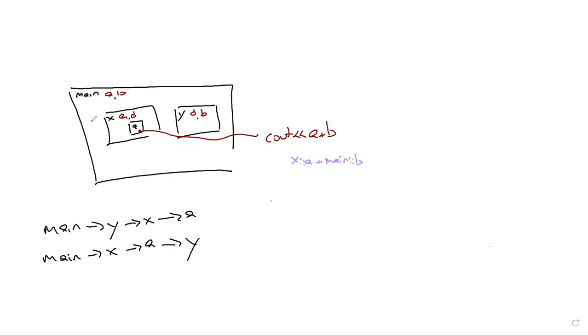Now, if we look at this order of function calling, I can think of another interpretation. I can think of A being A of X, but I can think of B as being B of Y. Now, can you see why this can be true?